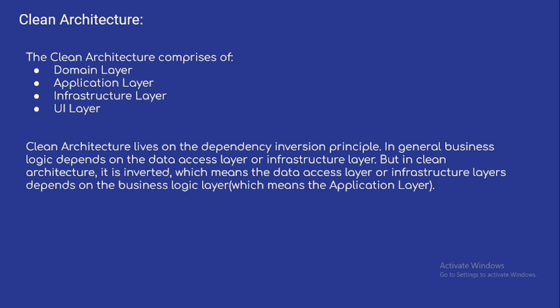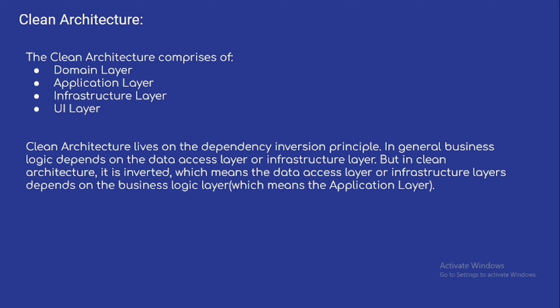The infrastructure layer depends upon the application layer, which is the reverse when we compare with a monolithic architecture or any kind of architecture. In general, business logic depends upon the data access layer or infrastructure layer. But in clean architecture, it is inverted, which means the data access layer depends upon the business logic layer.